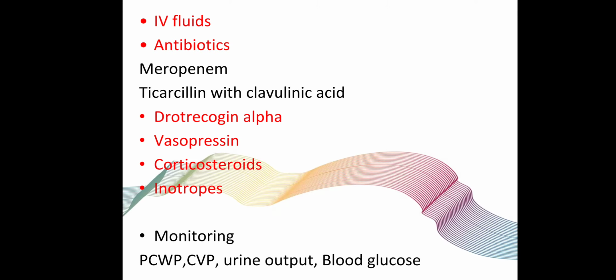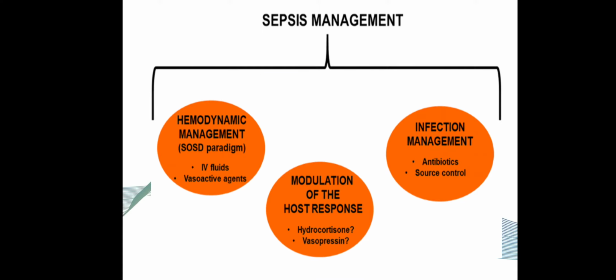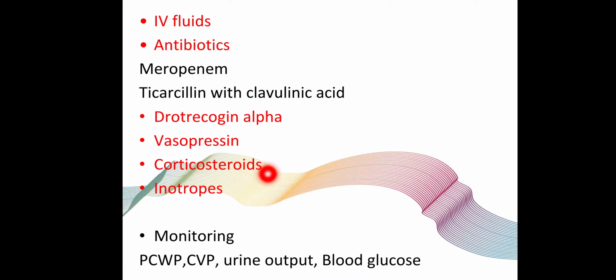In pathophysiology you have seen that there is inflammation, right? Here you can see inflammatory response, so that can be subsided by corticosteroids. To improve the heart function you can give inotropes like dopamine, dobutamine and adrenaline. So this is the overall treatment guideline to treat septic shock.